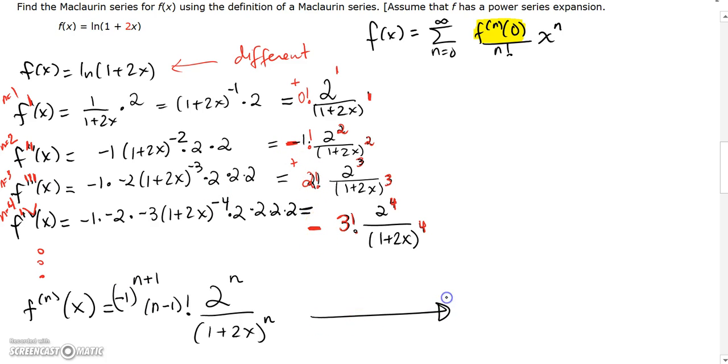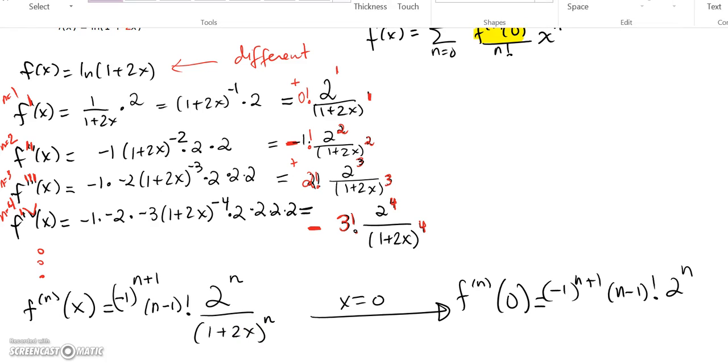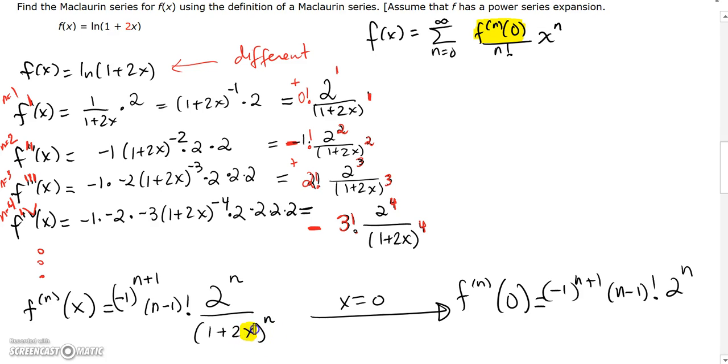Now I'm going to analyze this guy at 0. So when x is 0, the nth derivative at 0 will just still be the -1 to the n plus 1. It will still have the (n minus 1) factorial. I will still have the 2 to the n. All I'm doing really is going in the denominator and inputting a 0 for the x.